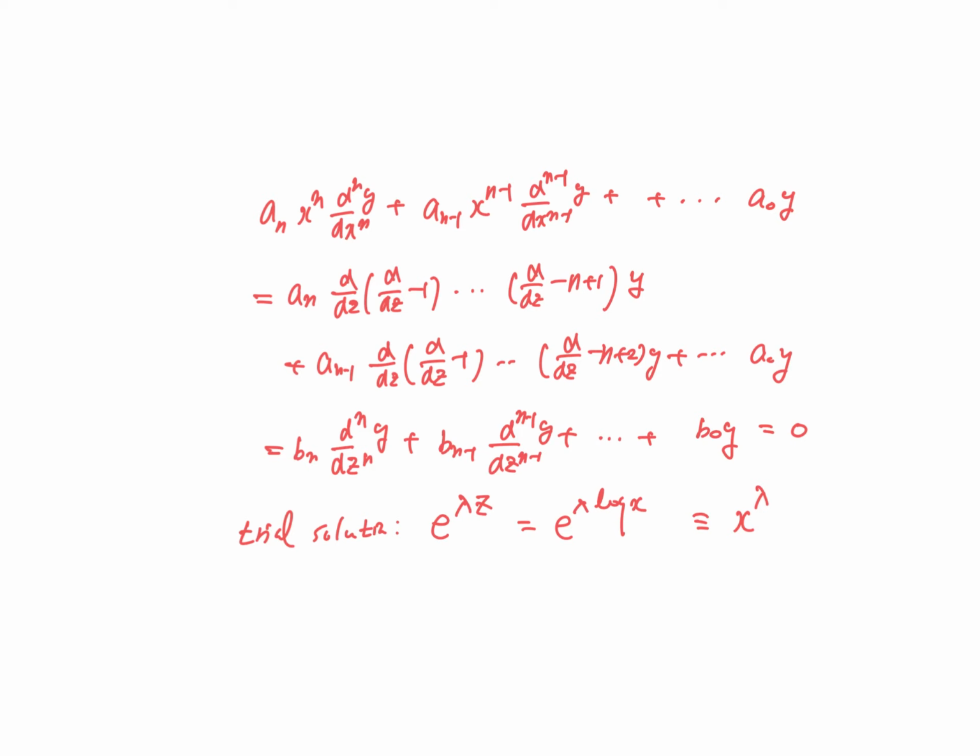So let's do some example. Say a x² d²y/dx² + b x dy/dx + c y is equal to 0.